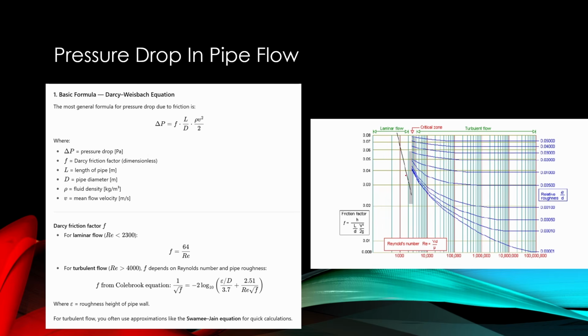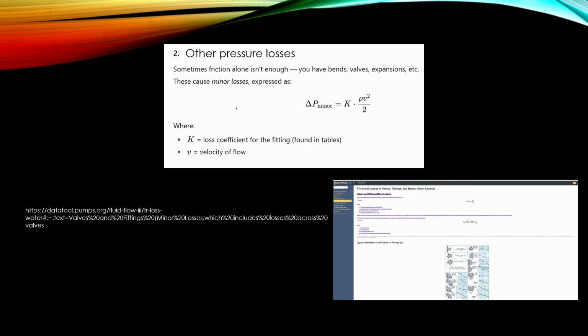You can take this friction factor from this chart or calculate it. If you have pipe bends or pipe expansions or valves or something like that, you will have local pressure losses, and you can calculate those pressure losses using this simple function.